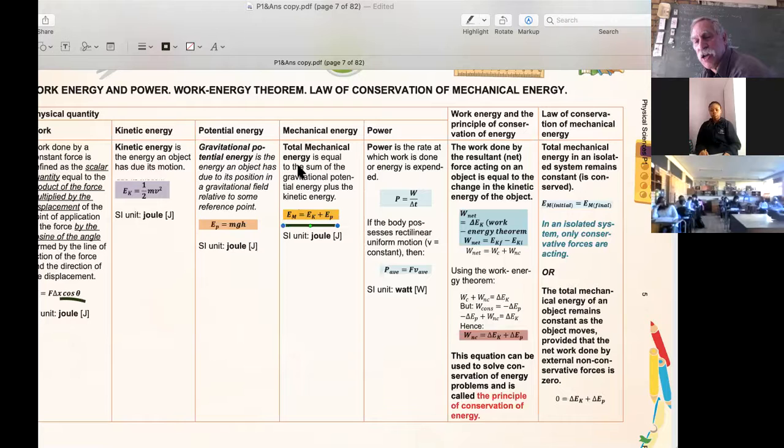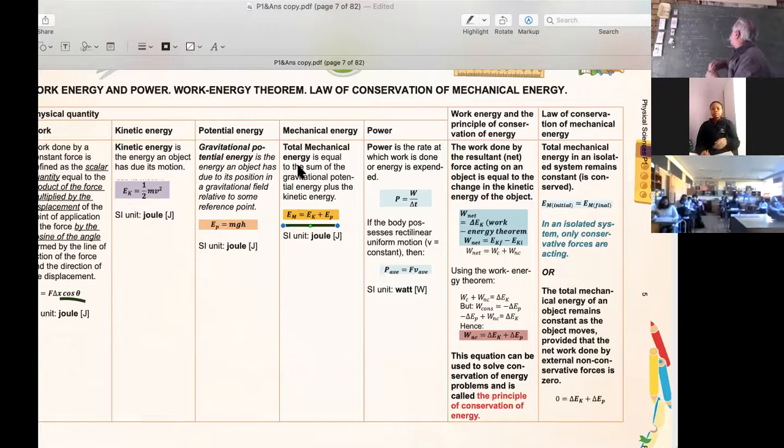Who says she's got kinetic energy at the bottom? Hands up. Matsutiso, what do you say? Kinetic energy at the bottom? Yes or no? Okay, so now she's moving at the bottom, right? So she's got kinetic energy, which is half mv squared.